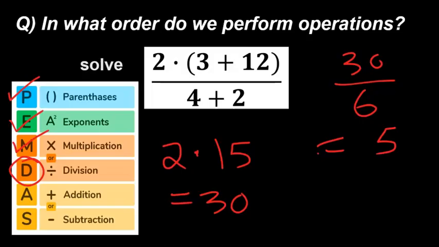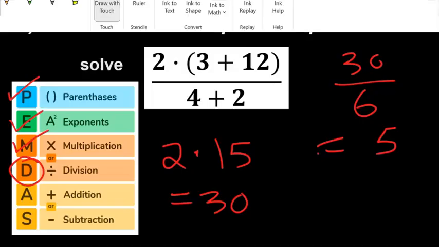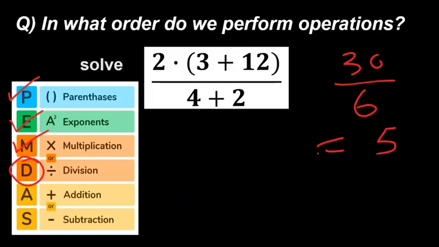Why? Because when you have a question with fractions, you need to do the top by itself, you need to do the bottom by itself, and then you do the division. You can think of it like this.